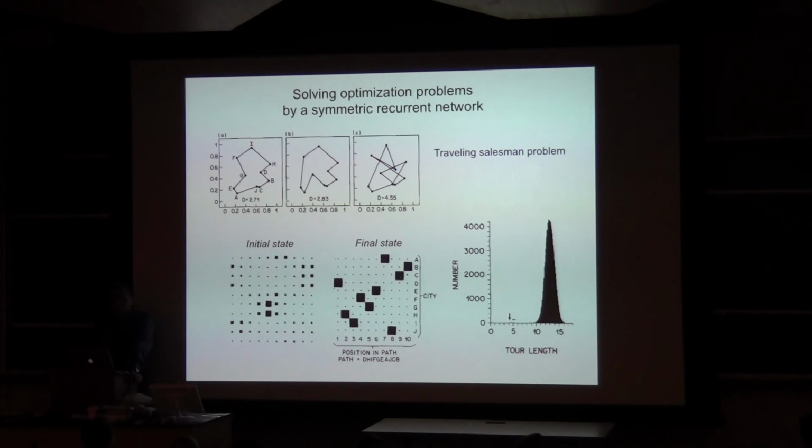But how good is the solution? The solution is not guaranteed to be optimal, right? So this is their simulation. This is a histogram of all possible lengths of a particular problem. Most of it looks like a Gaussian distribution. It's all possible routes passing through all the cities. There are many combinations, right?